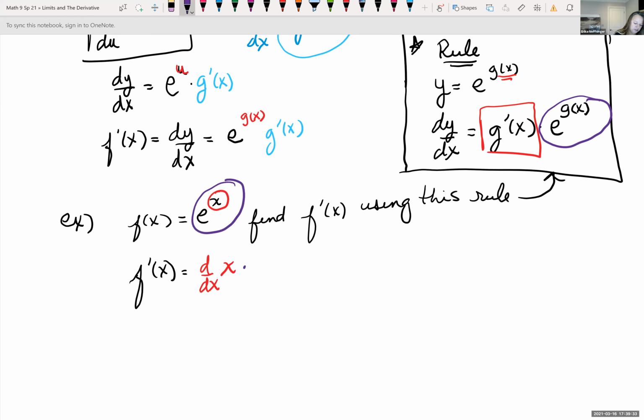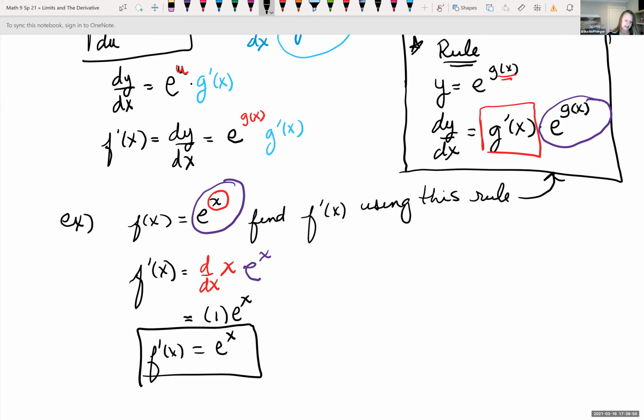Our original function we started with is e to the x. So the derivative of x is just 1 times e to the x, which is e to the x, which we already showed that that's what we were going to get.